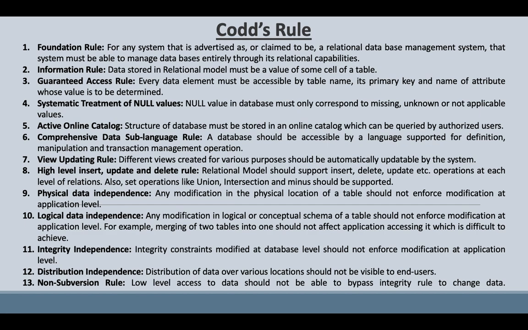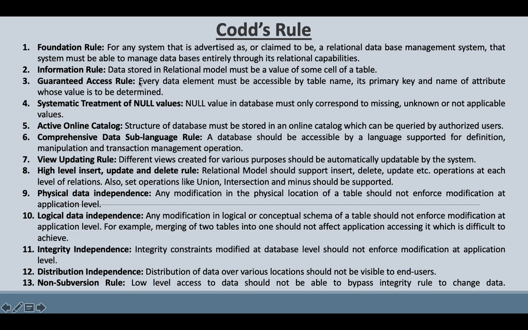The data you are storing for the student ID should be some value. It can be S101, it can be simply 102. So it depends on the domain, right? But that must be some value, right?